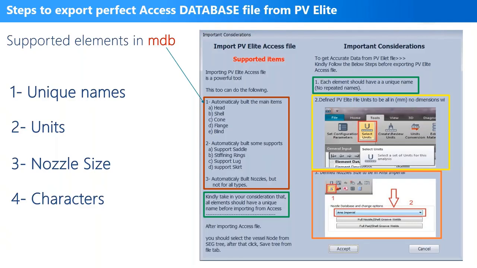Like it should be 2 inches, 4 inches, 8 inches, not 20 millimeters or 50 or 600 millimeters for 24 inches. So you should export your model after changing the size of nozzles to imperial units. The last point is the characters, and we will discuss that on the next slide.